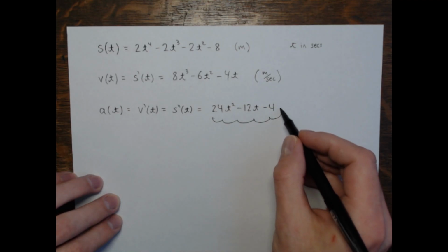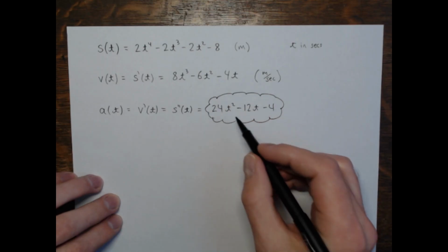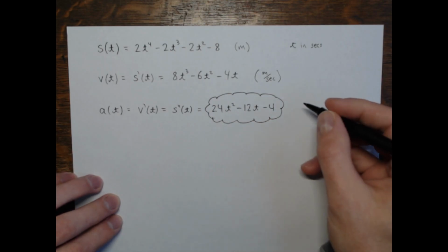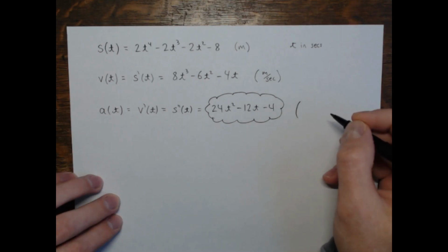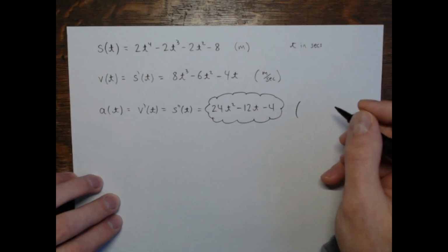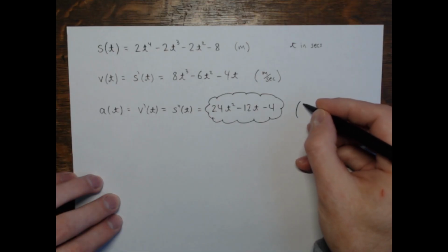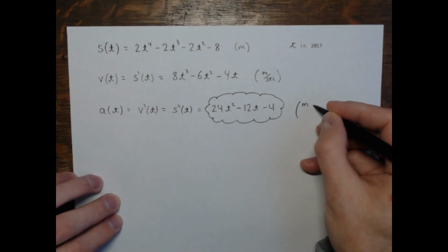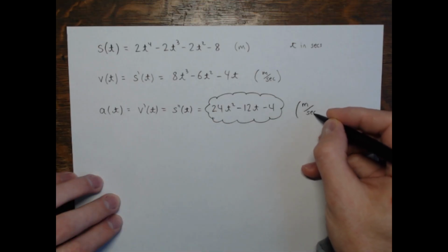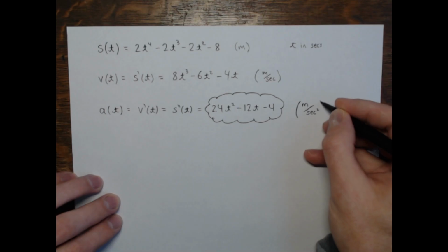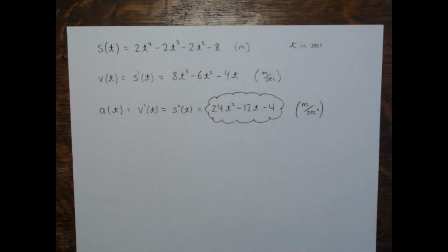This is what they want us to enter, just the expression that gives us our accelerations. They don't have the units there, and you don't have to type the units in, but the units on the acceleration in this case would be meters per second per second, so meters per second squared. It always squares the time unit, since it's a change in velocity over change in time.